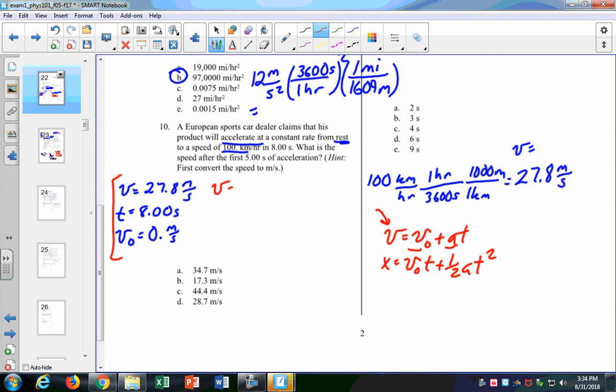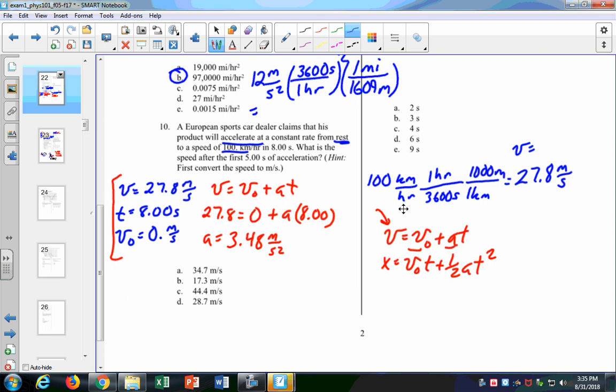So I say V is equal to V naught plus AT, and I solve that for A. That's 27.8 equals 0 plus A times 8. Solving that for A, we get 3.48 meters per second squared.